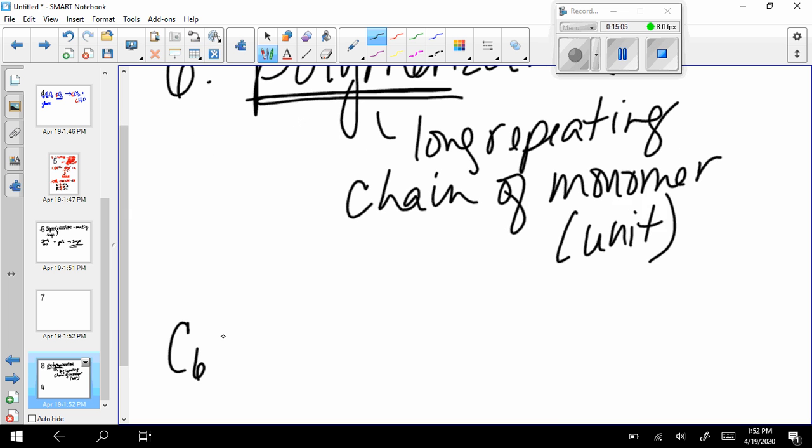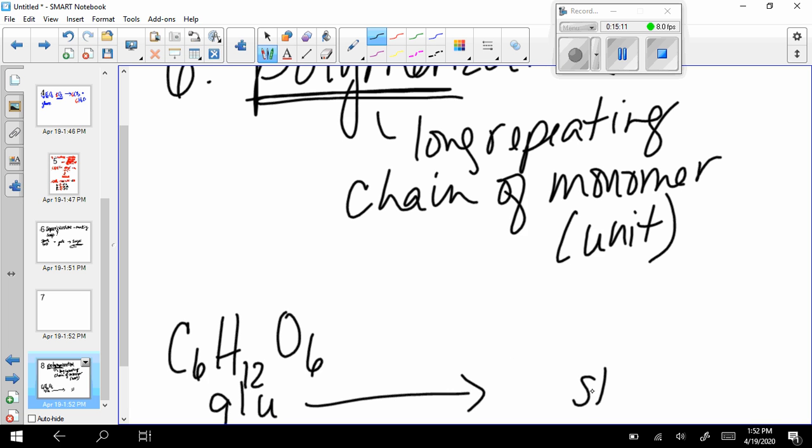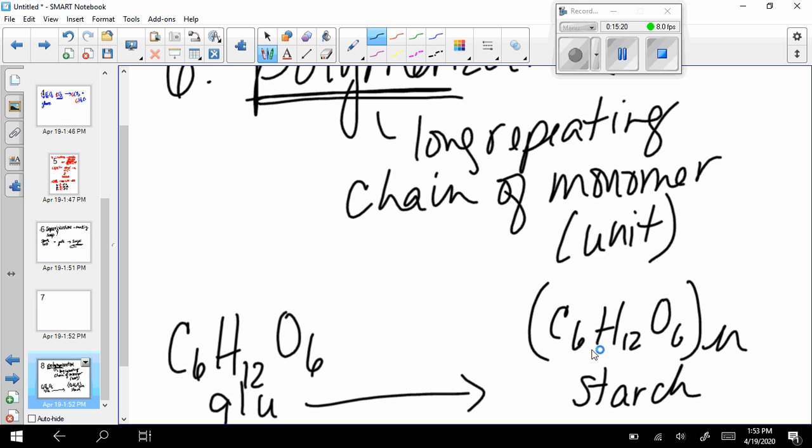So if you take glucose, C6H12O6, and put a lot of them together, you can get a starch. A starch's formula would be C6H12O6 to the nth. N means maybe there's like 1,000 of them all put together.